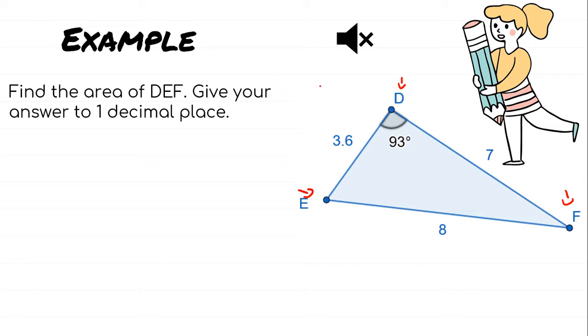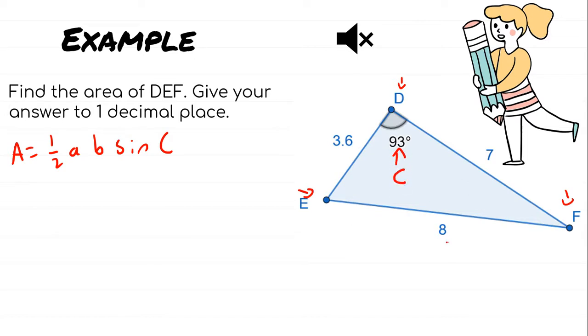Give your answer to 1 decimal place. We're going to label the sides A, B, and label the angle C. It's important that we remember what we want is two sides and the angle between them. So we want this angle to be C.